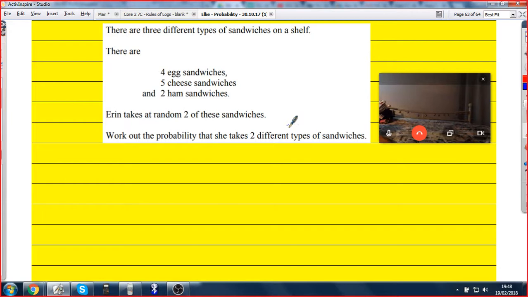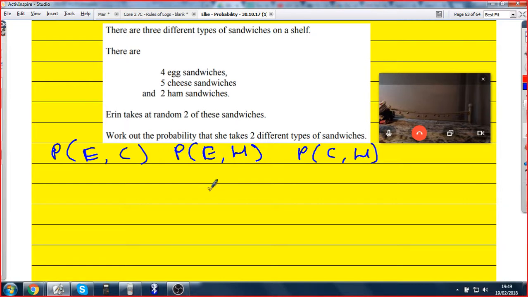Okay, how would we do this one? So first of all, would you write down all the possibilities? Mm-hmm. So, egg and cheese, egg and ham, cheese and ham. Okay. And then would you do fractions?